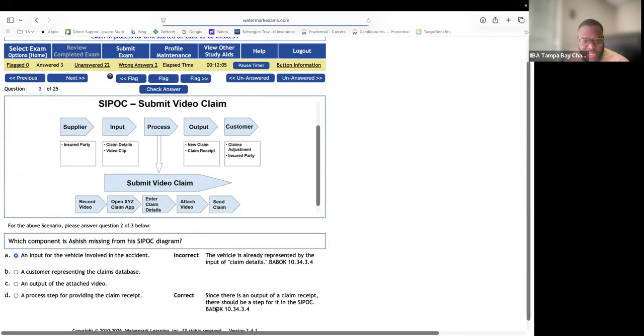I think that's what the question is saying. And the reference for that is 103433, and I think this is the detail of the SIPOC technique. So if we didn't get that right, I advise we visit that.